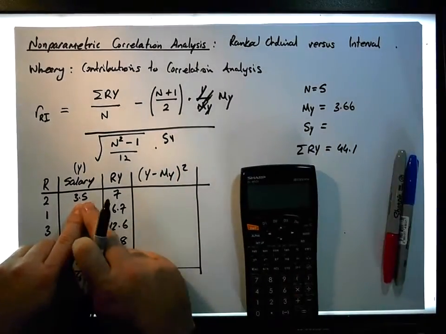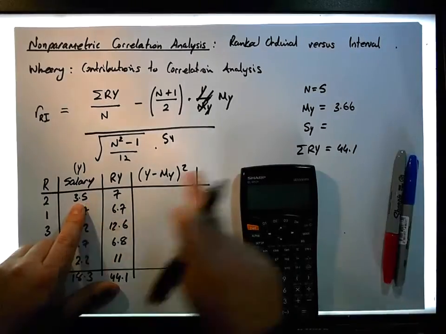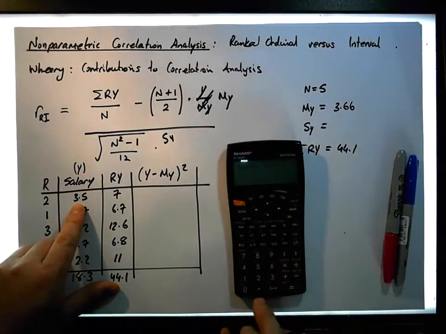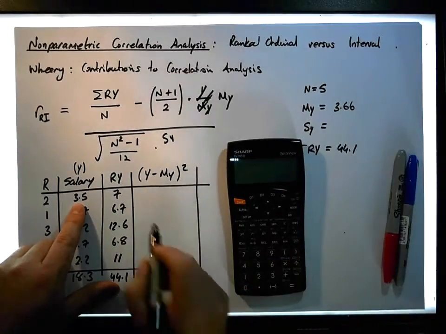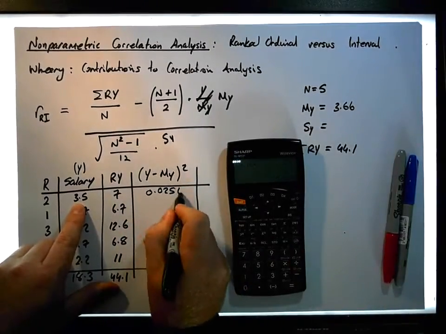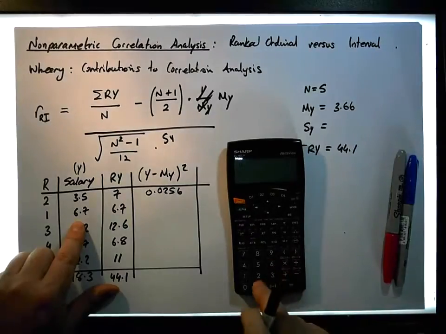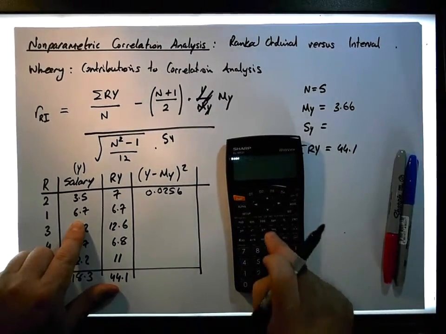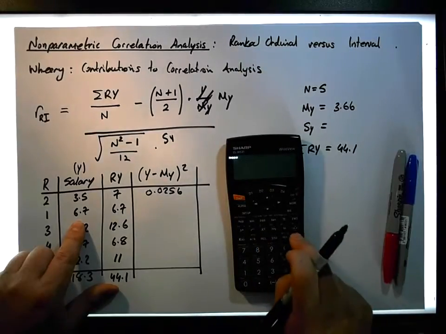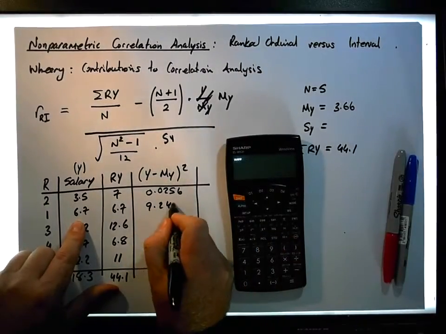So we have 3.5 minus 3.66 gives us 0.16, and when we square that, we end up with a value of 0.0256. Then we have 6.7 minus 3.66 gives us a value of about 3.04, and when we square that, we end up with a value of 9.2416.